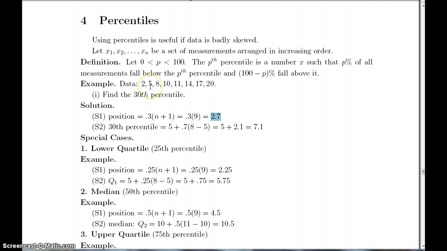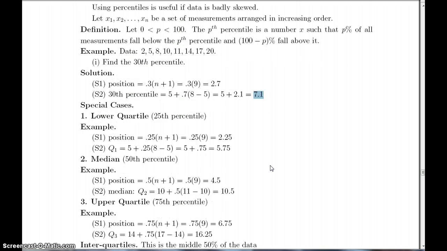So I have to go 70% of the distance between the two, where the distance is 8 minus 5, which is 3. That's where I get my 30th percentile, which is 5 plus 70% of 8 minus 5. And so that gives me a value of 7.1.